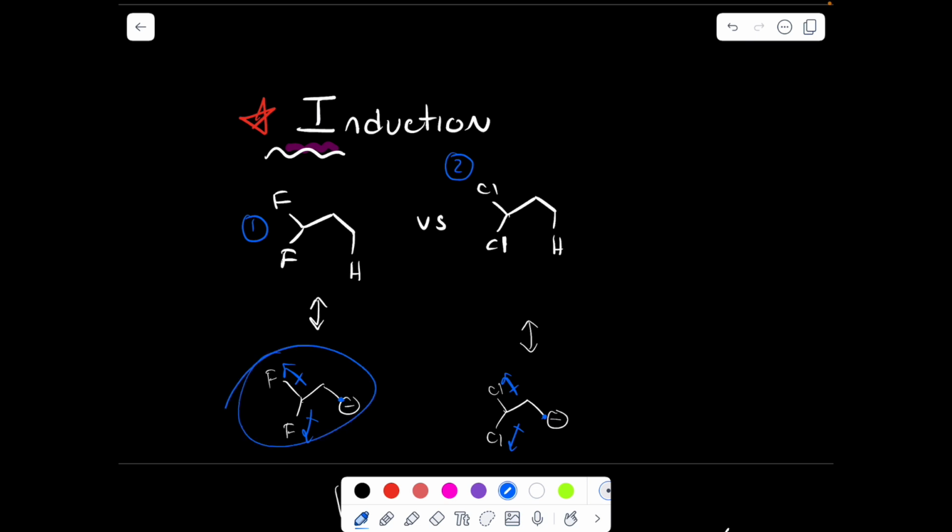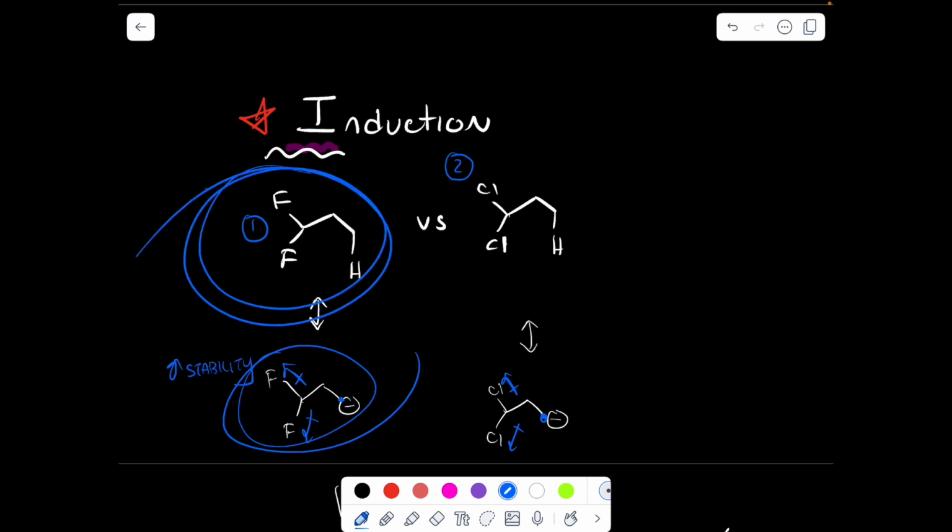Well, the fluorines are more electronegative. Therefore, their pulling force is greater. You can think like tug of rope. It's pulling a greater force, greater amounts of electrons towards themselves. Hence, we could think delocalizing that negative charge via inductive forces. So this conjugate base is more stable. This compound is more acidic. So that's if we're looking at induction.